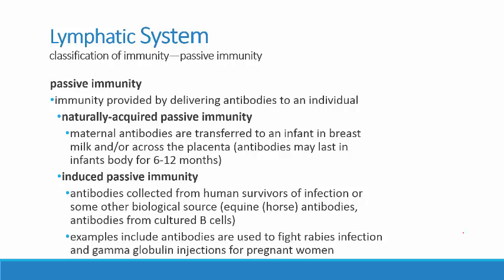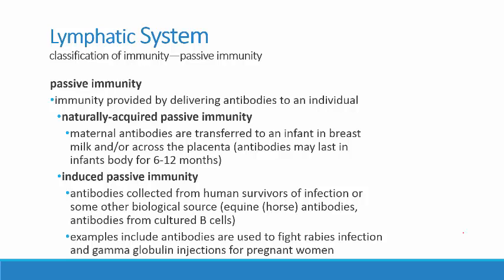But we can also create induced passive immunity, and that's when we collect antibodies from either human survivors of an infection. So if you think about one of the ways that we treated some of the Ebola, the doctors and healthcare workers who had contracted Ebola, was to inject into them a solution of antibodies that were gathered from somebody who's been affected by the Ebola virus.